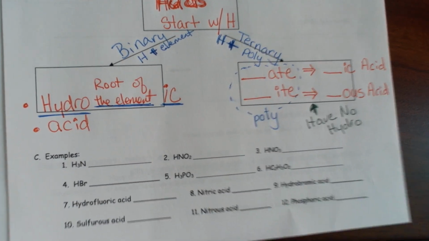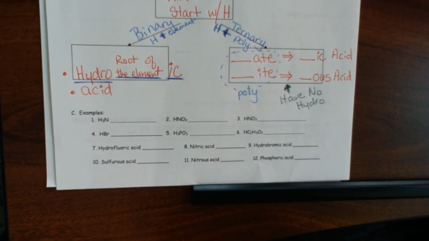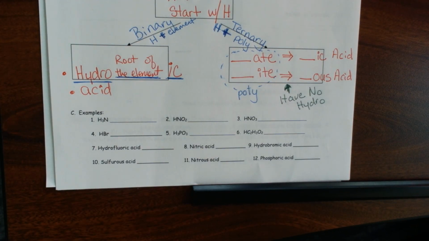So on our practice, we've got H3N. All right. In your head, you're deciding whether or not this is a binary with a hydrogen and element or a ternary with a hydrogen and a poly. And all I see is H3N. This is going to be a binary, one H, one element, we're done. No poly.